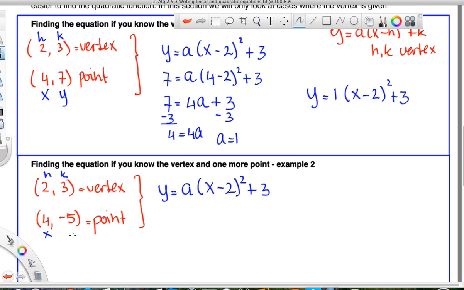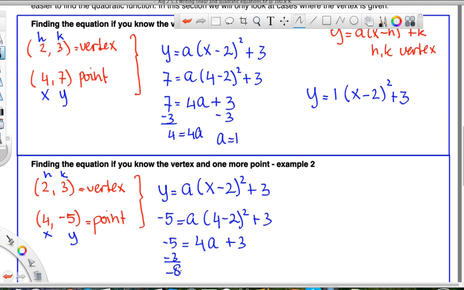So plug in h and k first, because that's h and that's k. And then plug in x and y so that you don't mess up the order, for example, in here. So the y value that I need is a negative 5, and that y value should occur when I use an x of 4. Okay, and let's solve it. So 4 minus 2 is still 2, and 2 squared is still 4. So I get a negative 5 is 4 times a plus 3. Subtract 3.